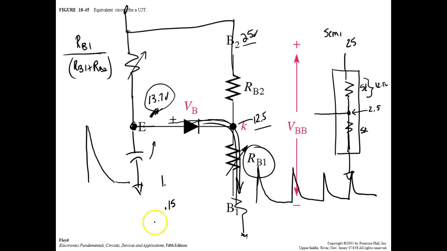Well, it's going to fire when I get 25 times 0.15, and then plus 0.7. And that's where it'll fire. And why the 0.7? Because we still got to do what? So that gives me the voltage here at 25 volts.